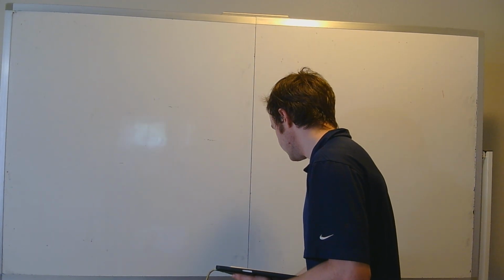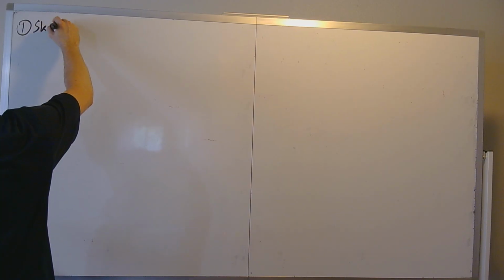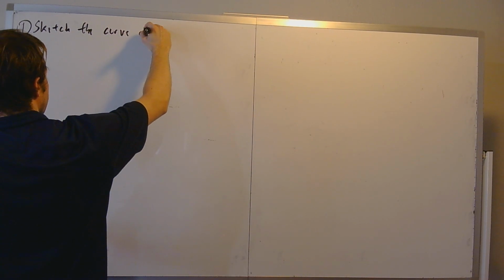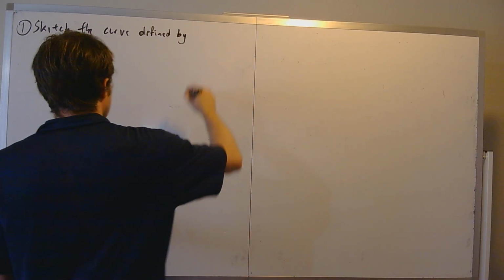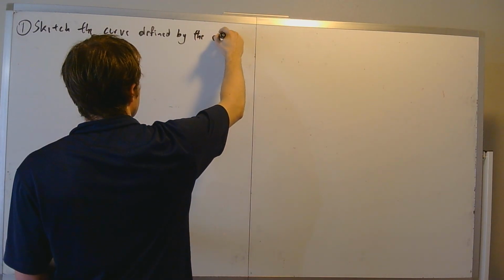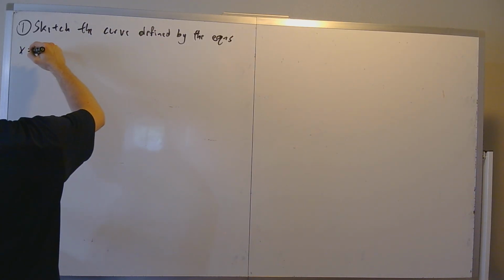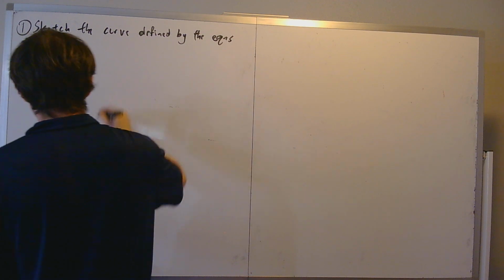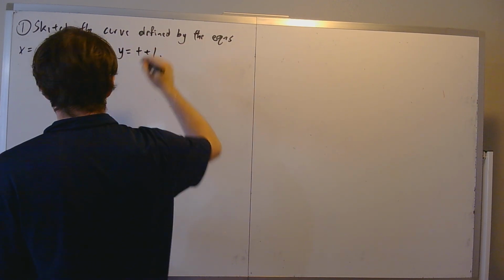Okay, so example number 1 is going to say: sketch the curve defined by the equations x equals t squared minus 2t and y equals t plus 1.